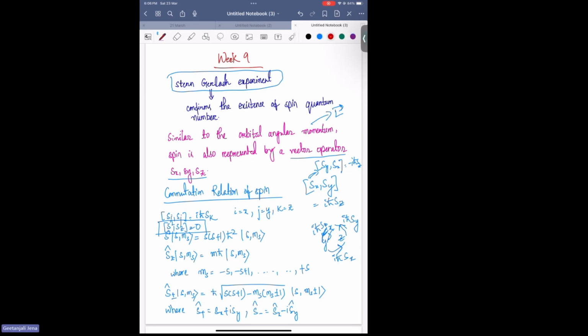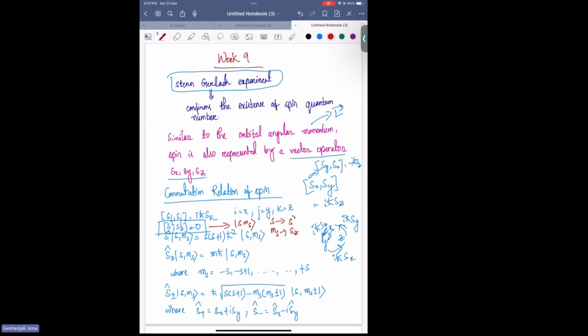We represent the simultaneous eigenstate of S square and Sz as |s, ms>, where s is the quantum number related to the operator S square, and ms is the quantum number related to Sz. So we represent the eigenstate by a joint eigenstate of these quantum numbers.